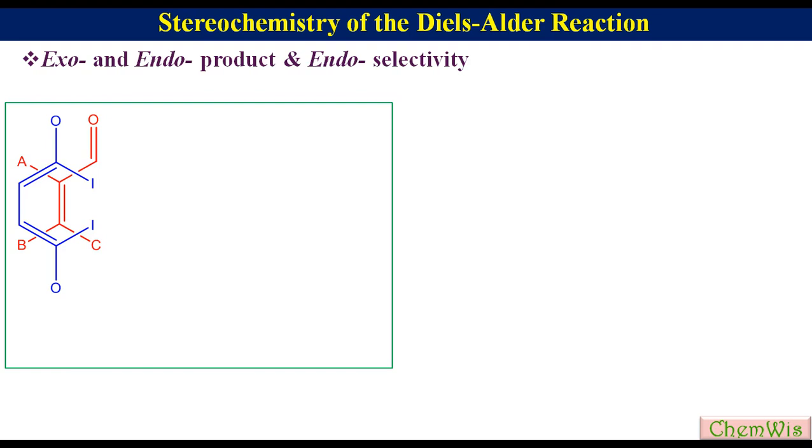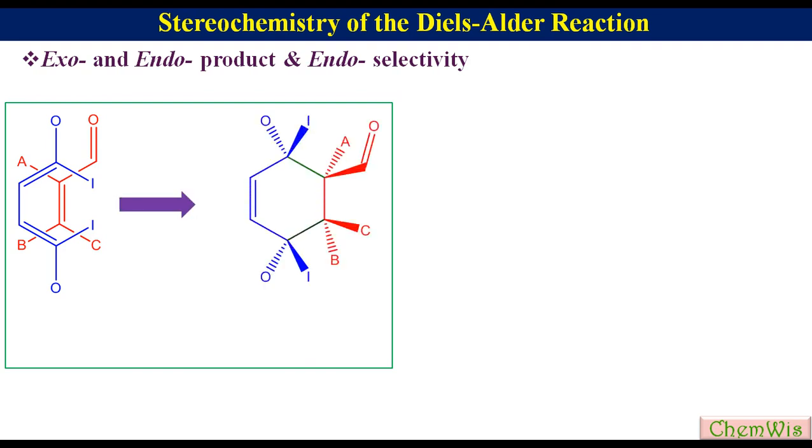If we view from this side, the product will look like this. This product, in which the outer group and the pi bond containing group are trans, is called exoproduct.